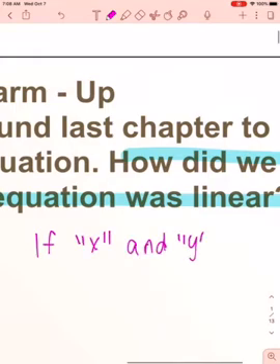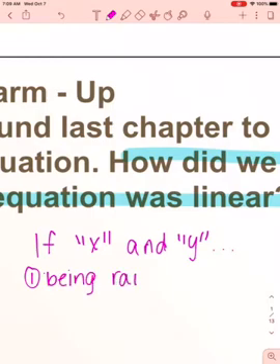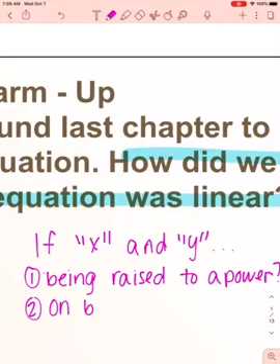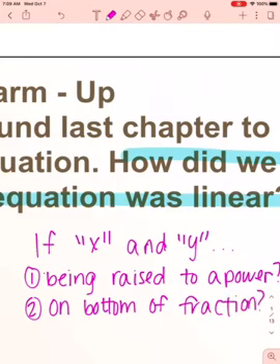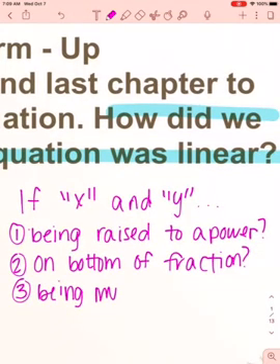So we talked about if x and y, and we had 3 questions we had to say no to in order to know that it was a line. So our x and y being raised to a power, on the bottom of any fraction, or being multiplied together.